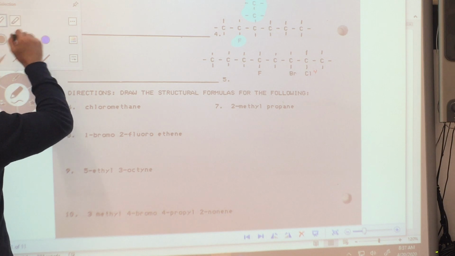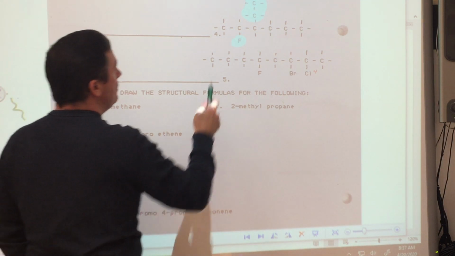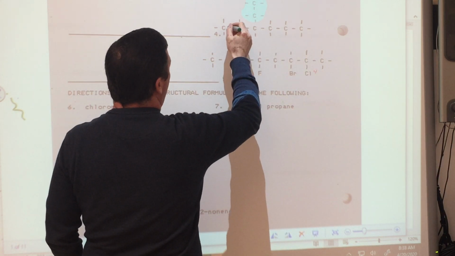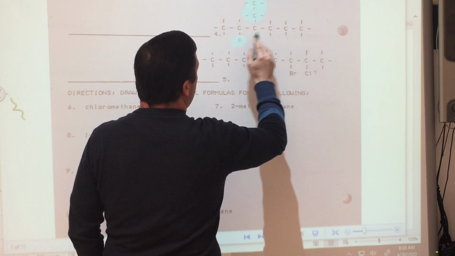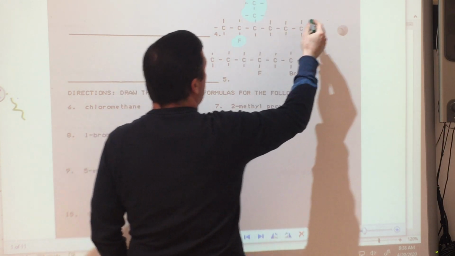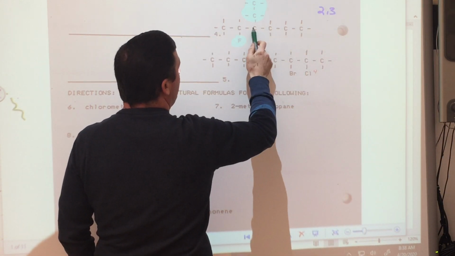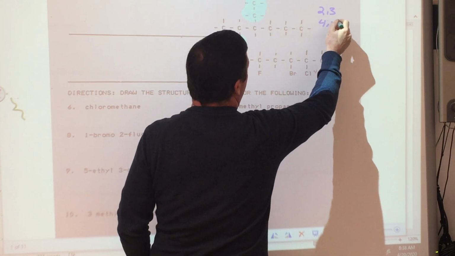So what do I name this? Well, what about my carbons? Should I go 1, 2, 3, 4, 5, 6? That would give me substituent groups on 2 and 3. Or should I go 1, 2, 3, 4, 5, 6, giving me substituent groups on 4 and 5?